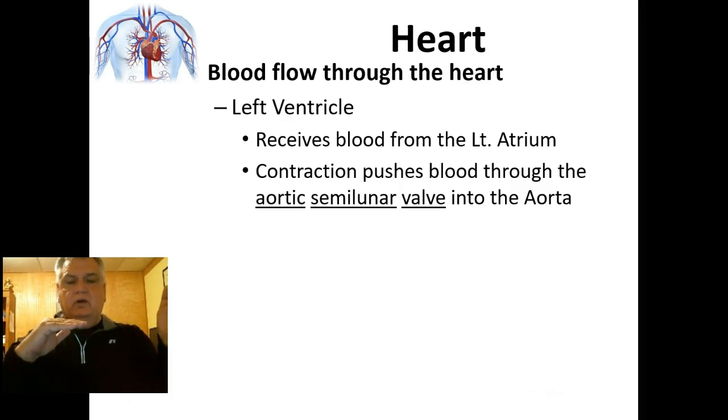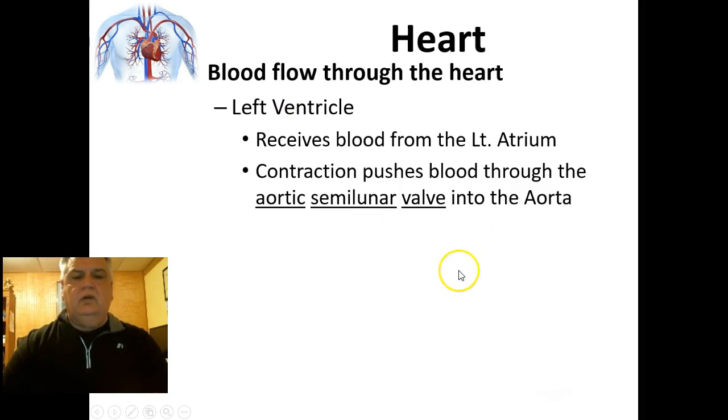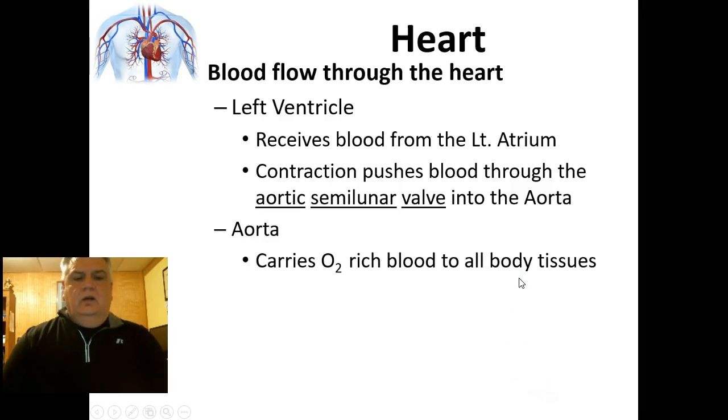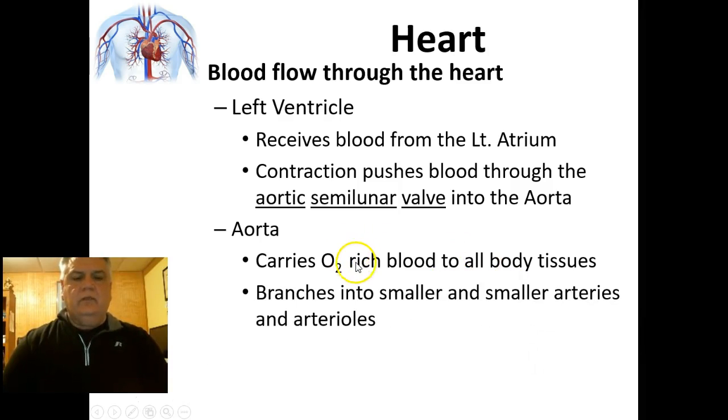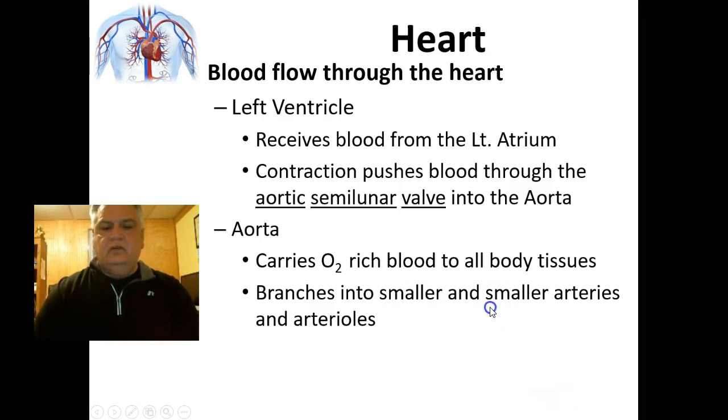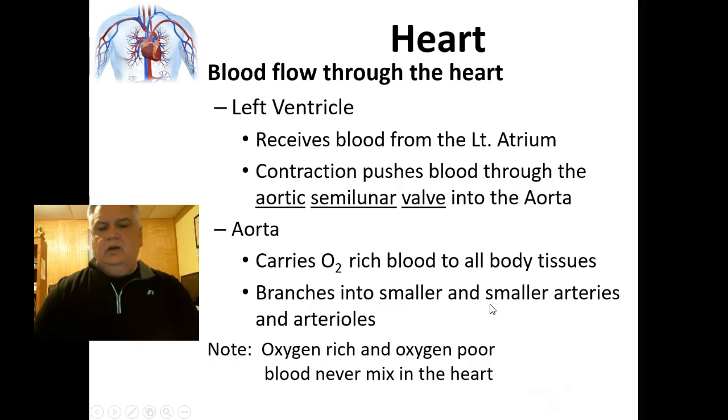Blood's going to get diverted, and it's going to go directly into the aorta through the aortic semilunar valve. The aorta then is going to carry that oxygen-rich blood out to all the body tissues. The aorta, as we mentioned before, will branch into smaller and smaller arteries and eventually into the arterioles and give rise to the capillary beds.